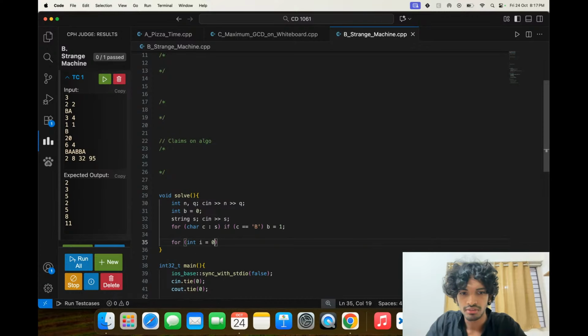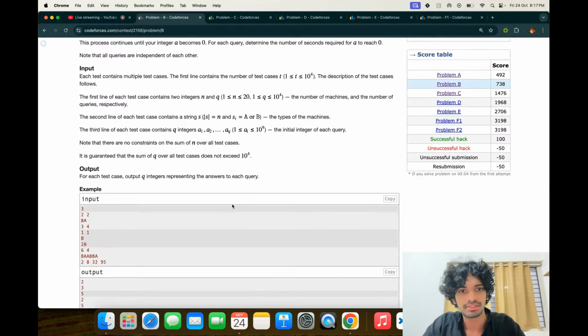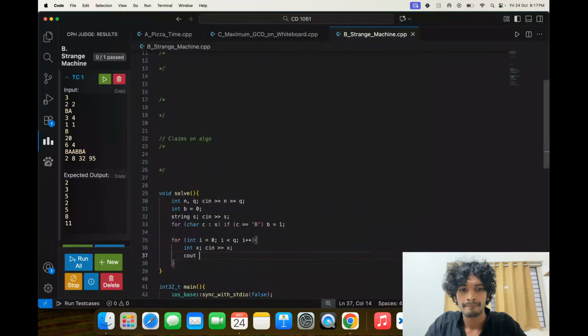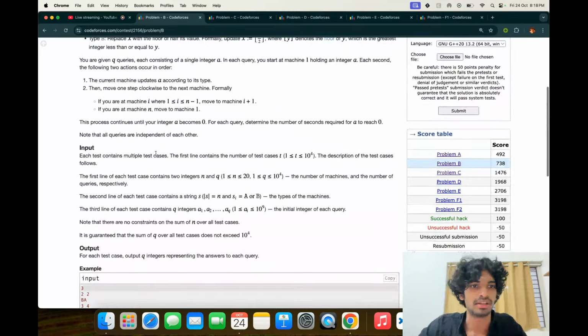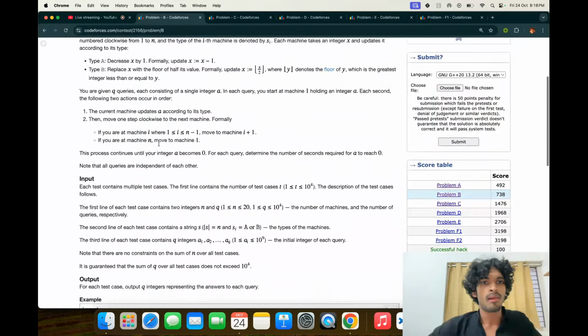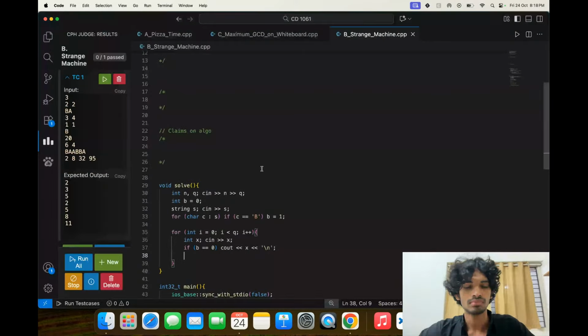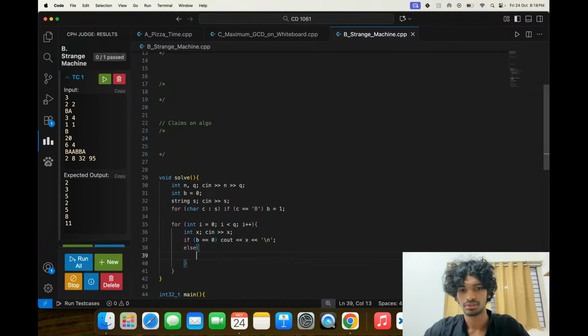Okay, for int i equals 0, i less than q, i plus plus, int x, cin x. If there is a b, what should we do? If b equals 0, cout x. That many number of seconds, right? Each second. Else you can brute force.